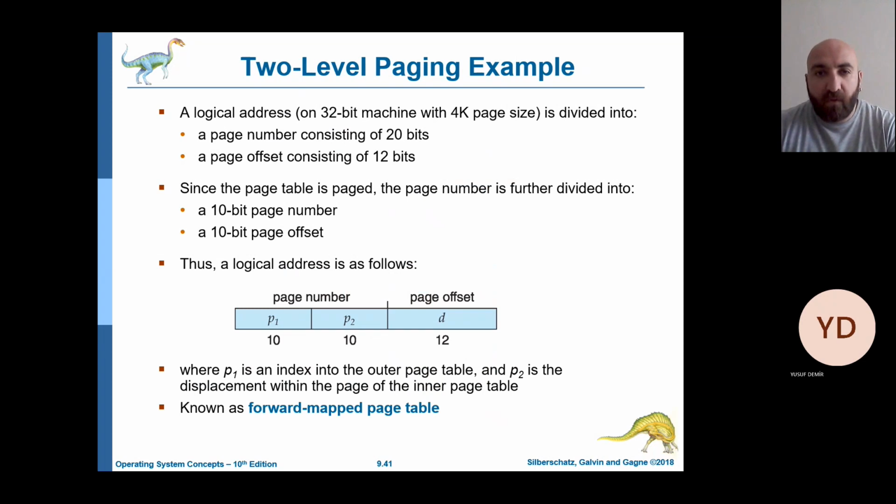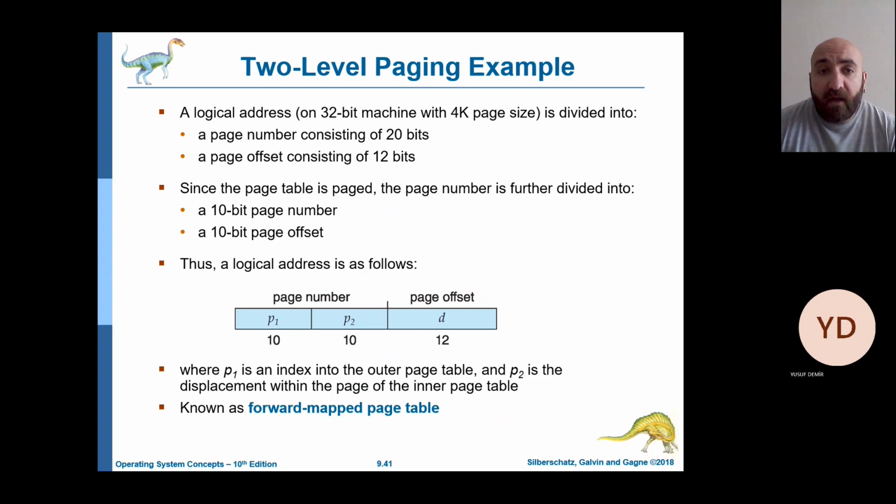For example, consider again the system with the 32-bit logical address space and a page size of 4K. A logical address is divided into a page number consisting of 20 bits and a page offset consisting of 12 bits.